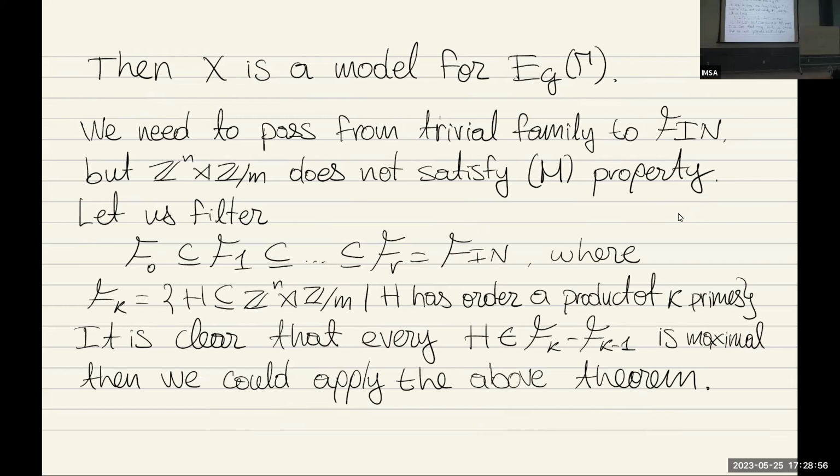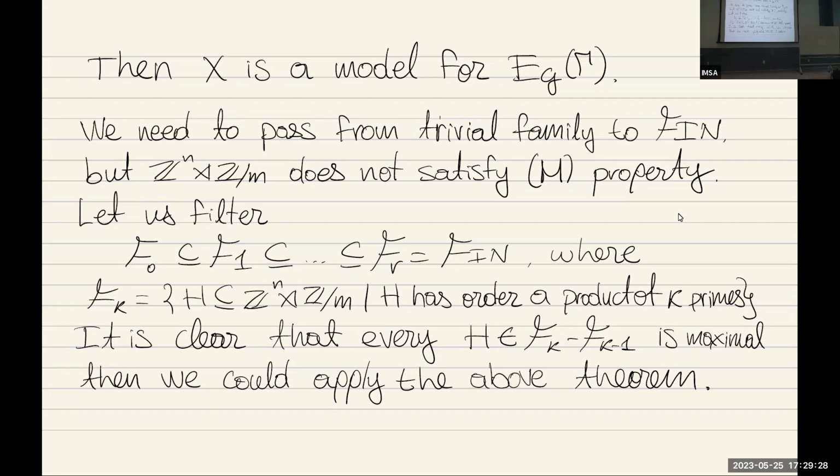What we can do is to filter, taking the first family as the trivial family, the last one the family of finite groups, and in the k-th step, consider the family of subgroups whose order is a product of k primes. Zero primes is the trivial family.